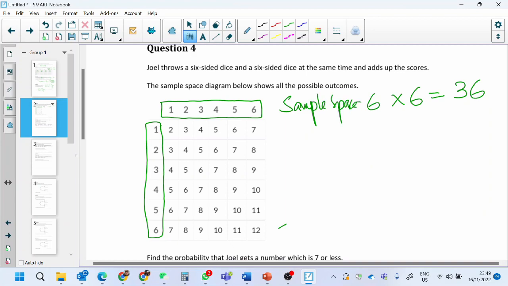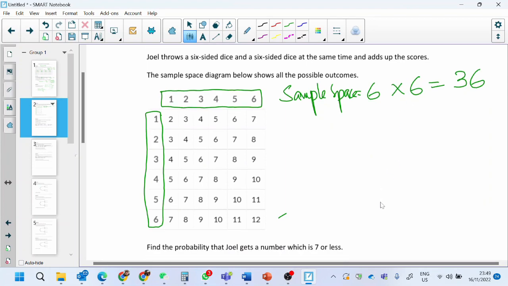The question says find the probability that Joel gets a number which is 7 or less. So we have to include 7 or less. These are the numbers 7 or less, including 7.